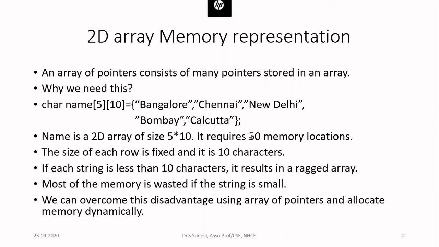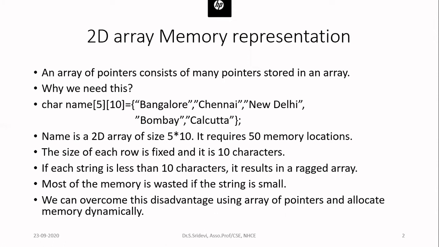In this representation, every row size is fixed. When you use character name[5][10], it means that every row can have 10 characters as a maximum, including the null character. Suppose instead of 10, you declare 100, then every row can have a maximum of 100 characters, including the null character.